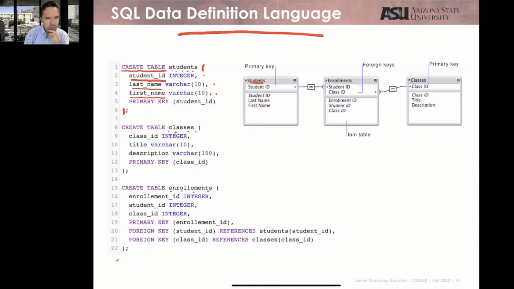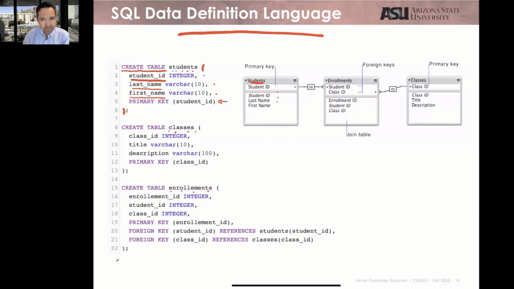My table student with the columns ID, last name, first name, 3 columns. The ID is integer, the others are strings. And I need to define one primary key. And in order to define a primary key, there is an instruction, and it goes inside of the definition of the table, primary key. And inside of parentheses, which is going to be the primary key?